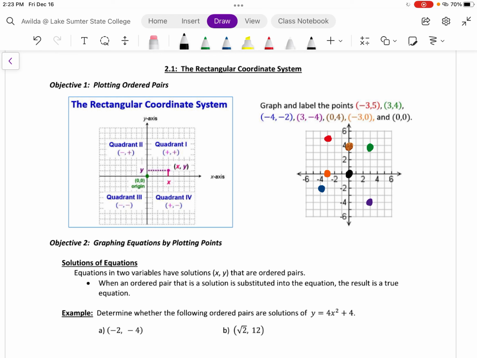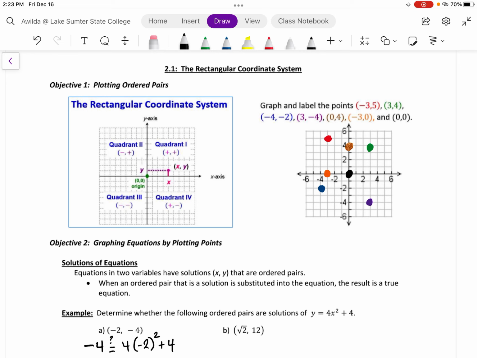Let's take a look at whether the first ordered pair is a solution. We can check this by substituting -2 for x and -4 for y and seeing if we get a true statement. So for example, -4 equals, and we'll put a little question mark here, does it equal 4 times -2 quantity squared plus 4?